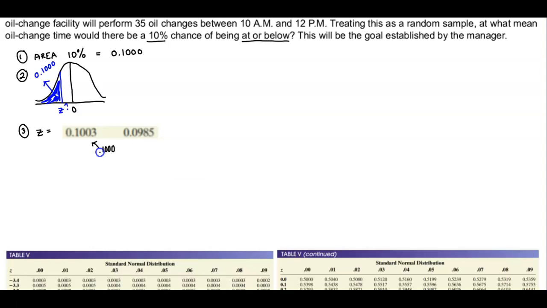We can see it's closer to that probability.